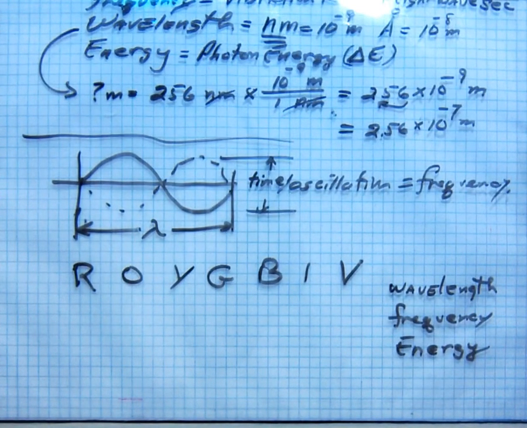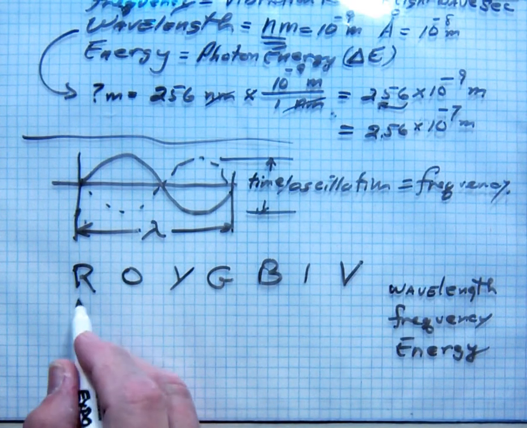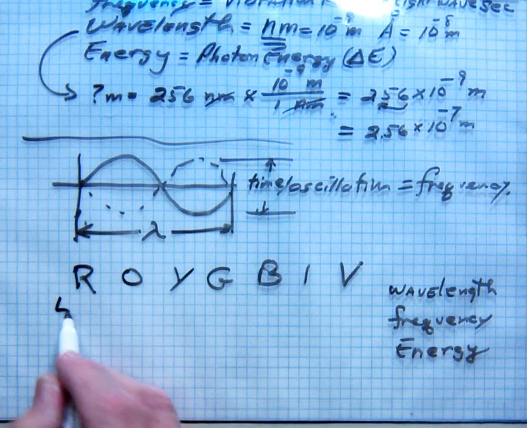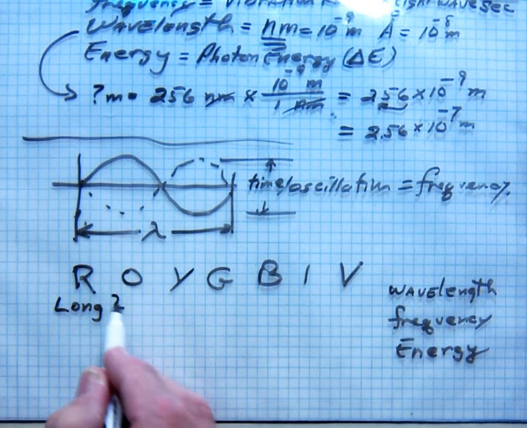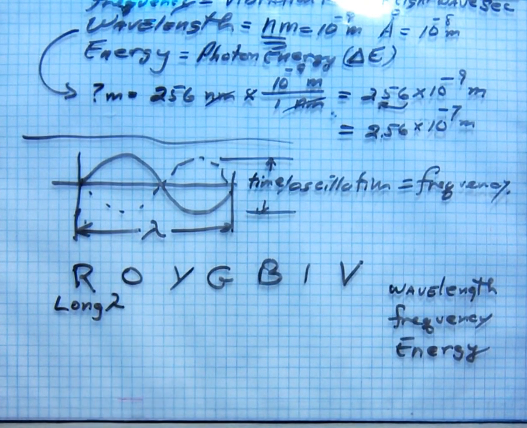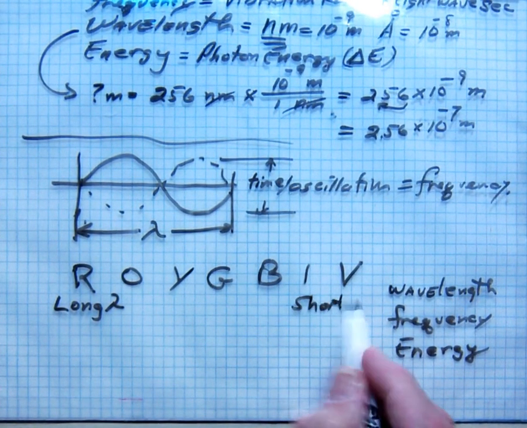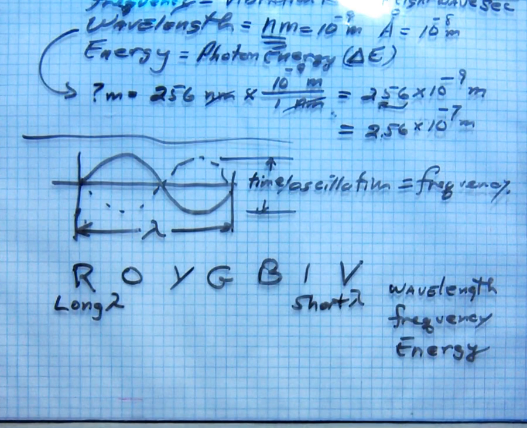Okay? All right. What can we say about the wavelengths as we move from red to violet? You have long wavelengths on the red end, and you have short wavelengths on the violet end. So as the color changes from red to violet, blue, and so forth, and goes into the UV end, you have a compression of wavelengths.